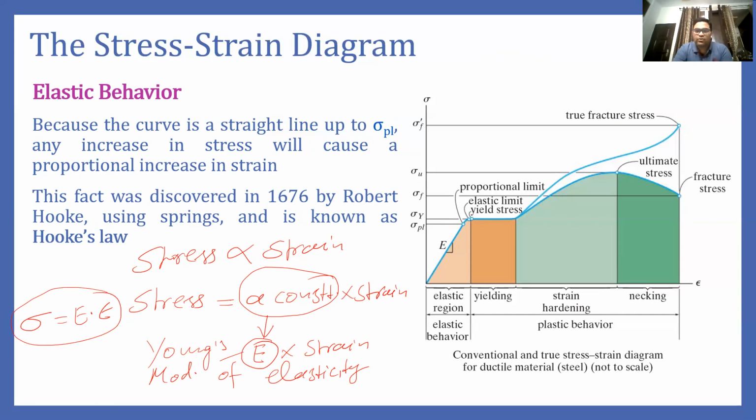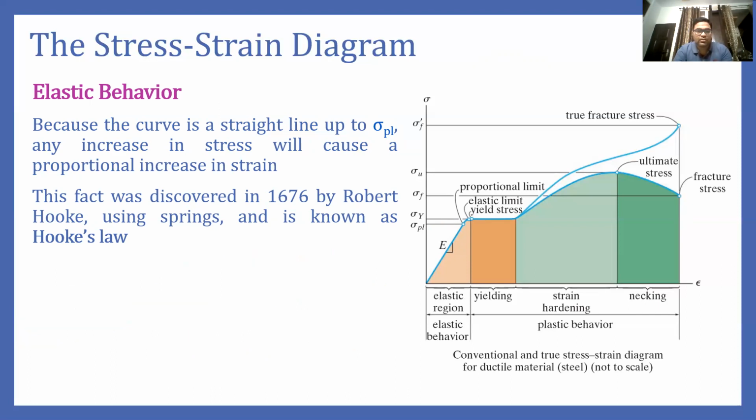He has given the law, which states that up to the proportionality limit, stress will be directly proportional to the strain. Mathematically, the law can be expressed as sigma equals E into epsilon. Epsilon is the strain, sigma is the stress, and E is the Young's modulus of elasticity, which is different for different materials.